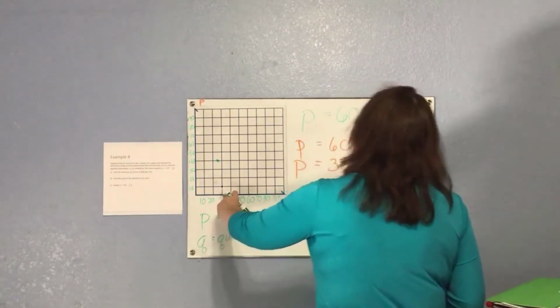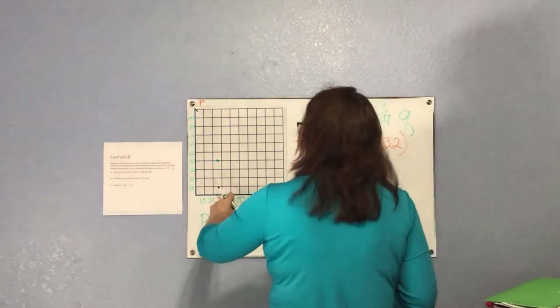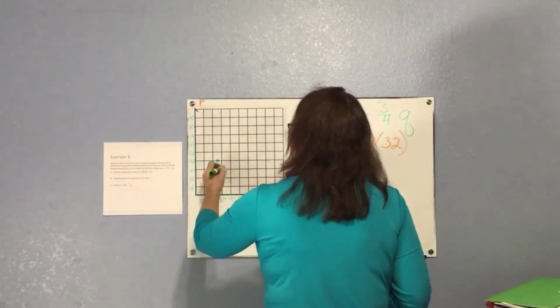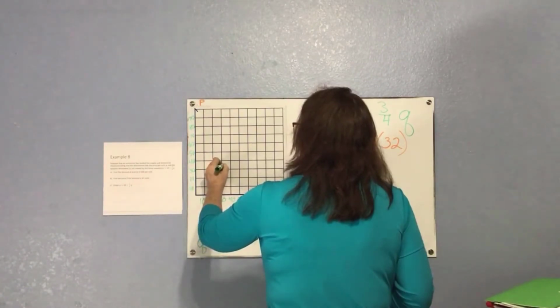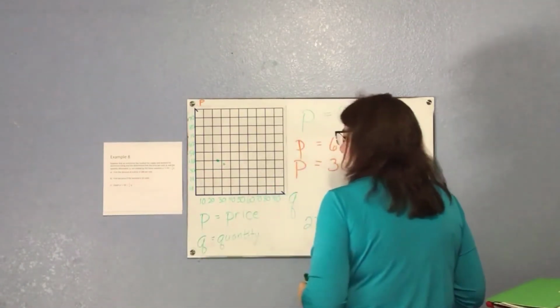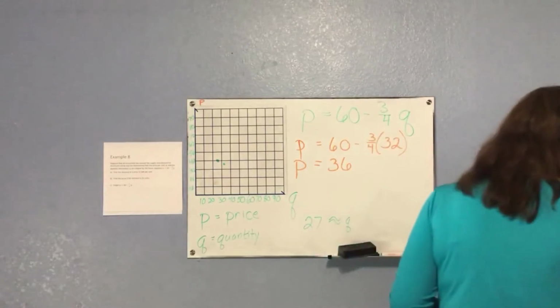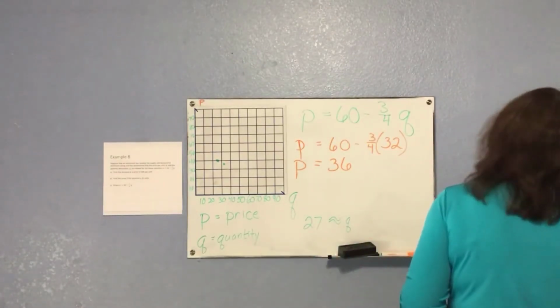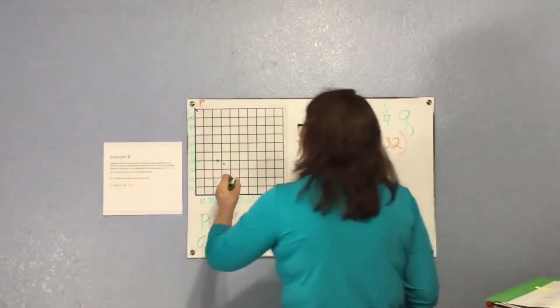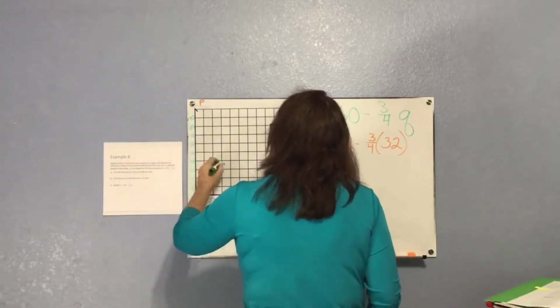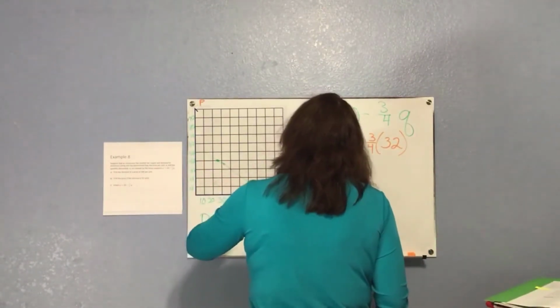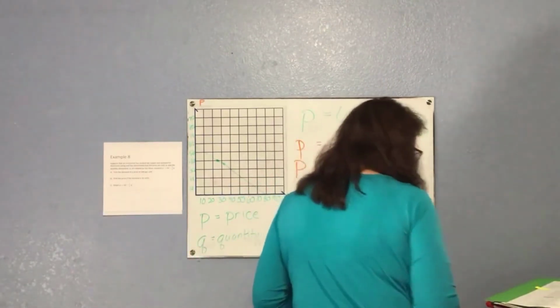So about here, and at that point the price was 36. So just about there. So our 2 points are pretty close together, but even so, we can use them to form a line and graph our function.